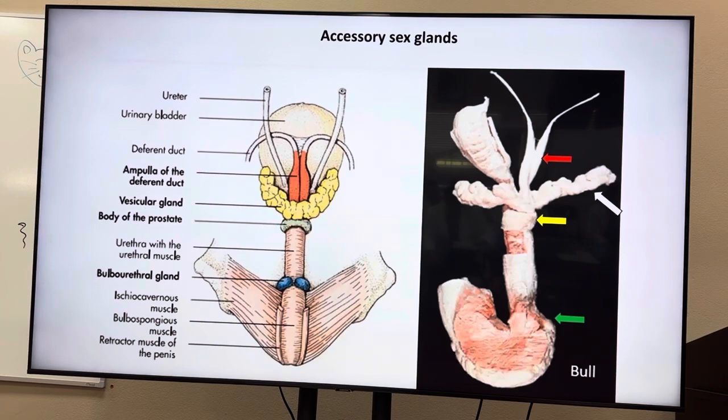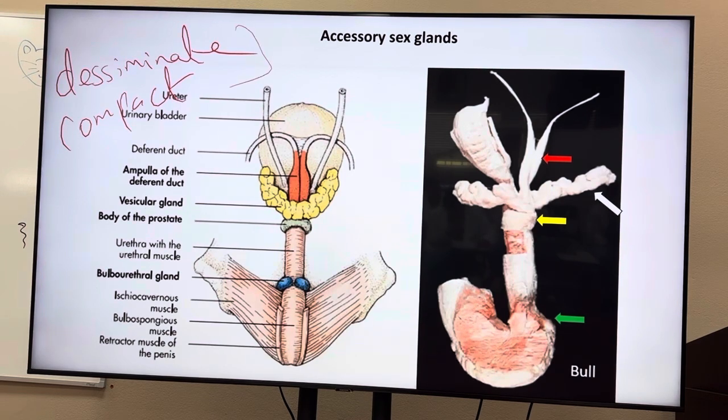It has two parts that are present in large ruminants, but in small ruminants, only the disseminate part. Large ruminants have both, small ruminants have just the disseminate part.